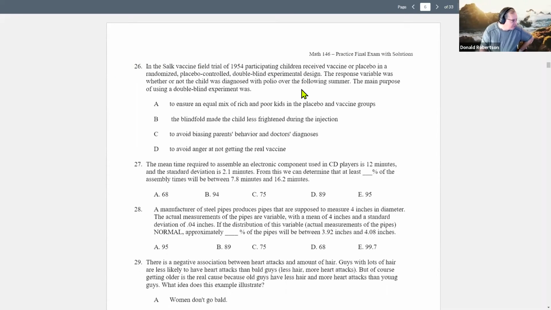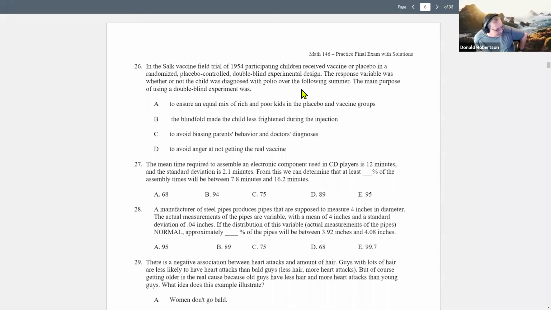So anyway, in the Salk vaccine field trial of 1954, participating children received a vaccine or a placebo in a randomized, placebo-controlled, double-blind experimental design, right? I put every word in the sentence book there. The response variable was whether or not the child was diagnosed with polio during the following summer.